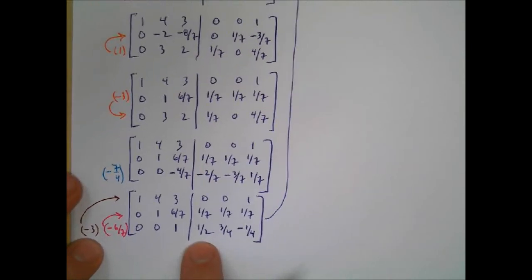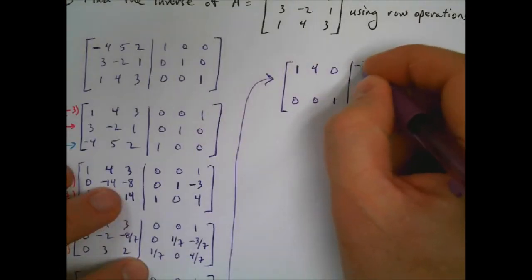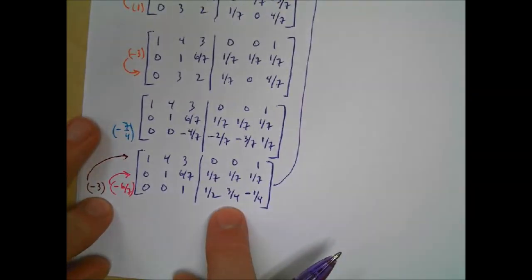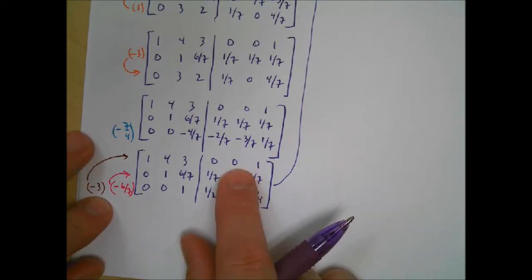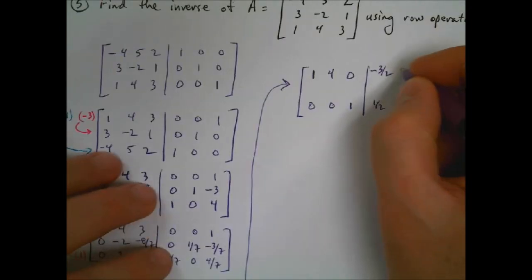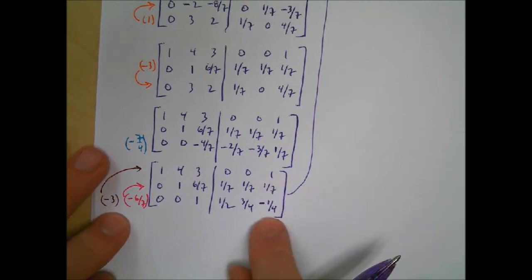Okay, so negative 3 halves plus 0. Okay, well, it's actually not that hard yet. So negative 3 halves plus 0, which is negative 3 halves. Negative 9 fourths plus 0, which is negative 9 fourths. And positive 3 fourths plus 1, so 7 fourths.